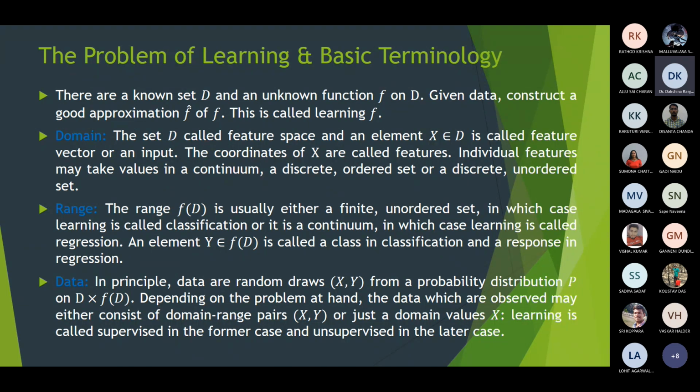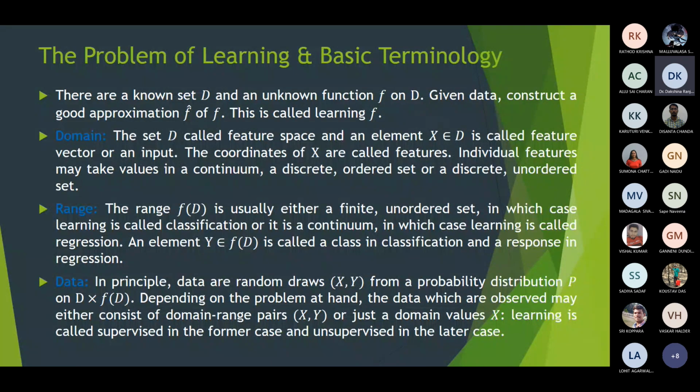Okay, and element X. We can consider any random element in this feature space. If it is denoted by capital X, then this X belongs to this feature space, and this X is nothing but the feature vector or an input. Okay, and the coordinates of X are called the features.